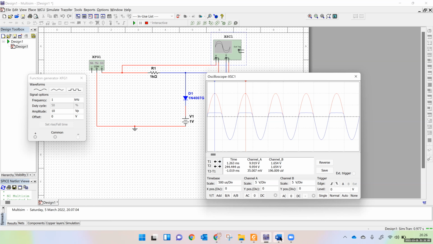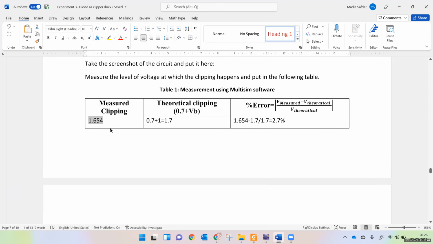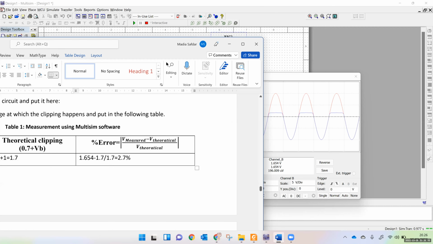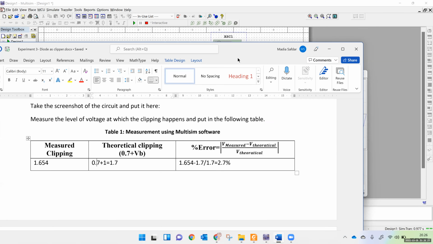This is your pre-lab, and what you have to do is fill in this table with all the readings which you see here. So 1.654 is the measured one.